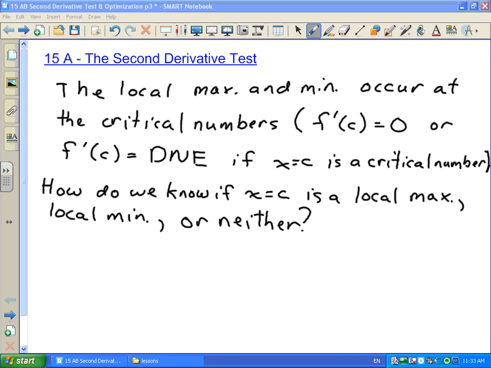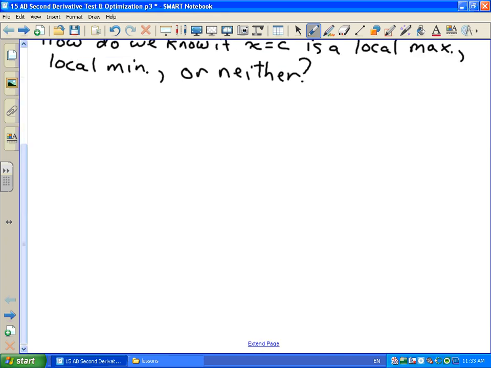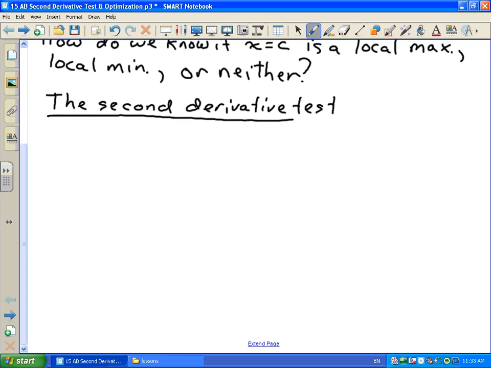Another test we can use to do the same thing is what's called the second derivative test.